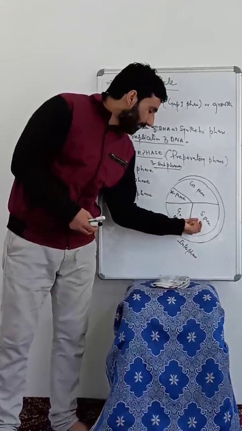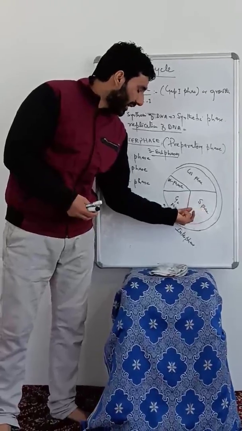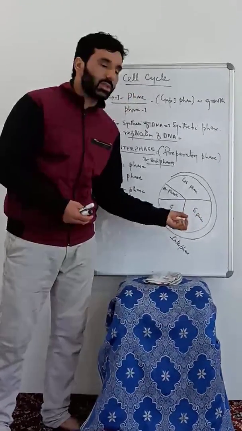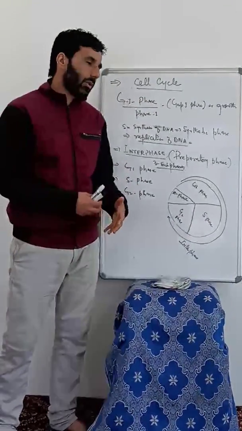Likewise, जब हमें एस फेज में डीएनए को रेप्लिकेट कराना है, रेप्लिकेशन कराने के लिए हमें एंजाइम्स की जरूरत पड़ेगी। We need enzymes for replication.